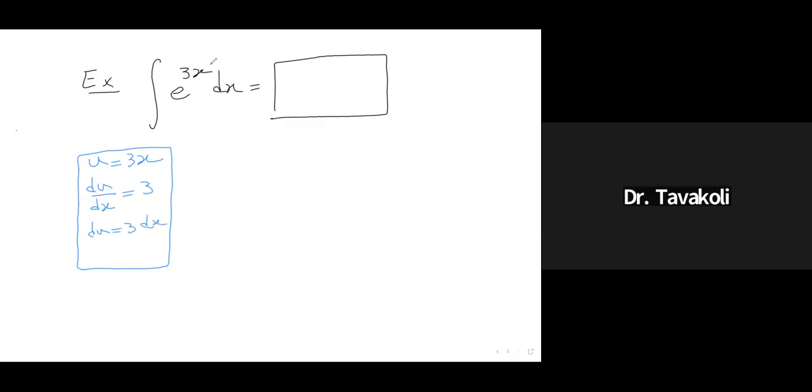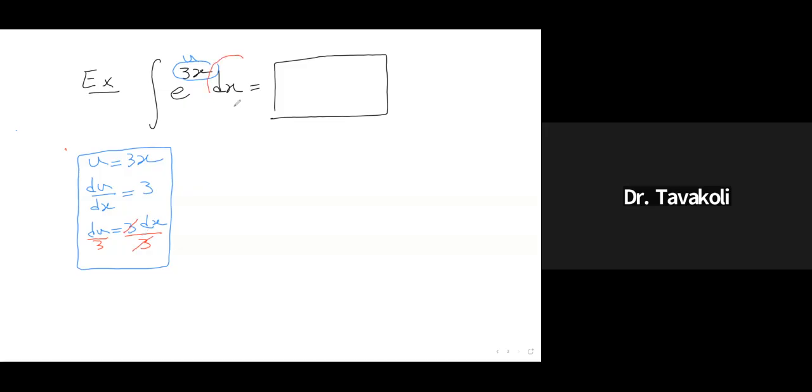So this exponent is the same as the new variable u, but I need to know what is dx in terms of du. In the last equation inside this rectangle, if I divide both sides by 3, it gives me dx in terms of du. It is du over 3.